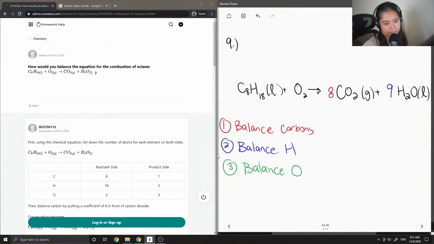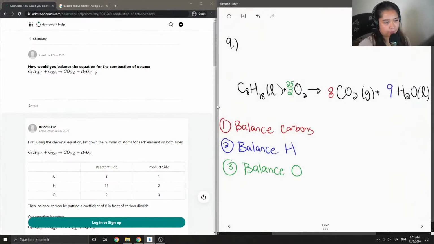So we have 16 plus 9, which is 25. So you just put 25 in front of O2 and then divide it by 2 to balance out the equation.